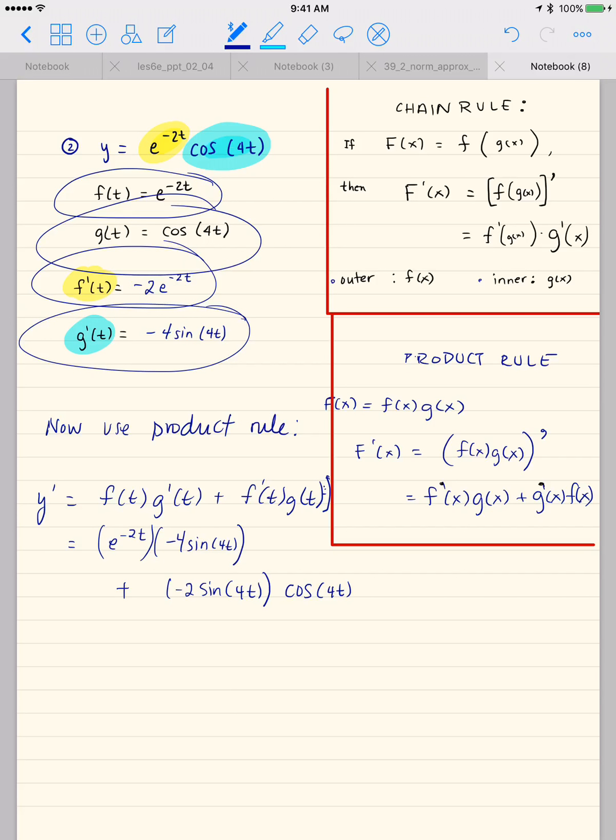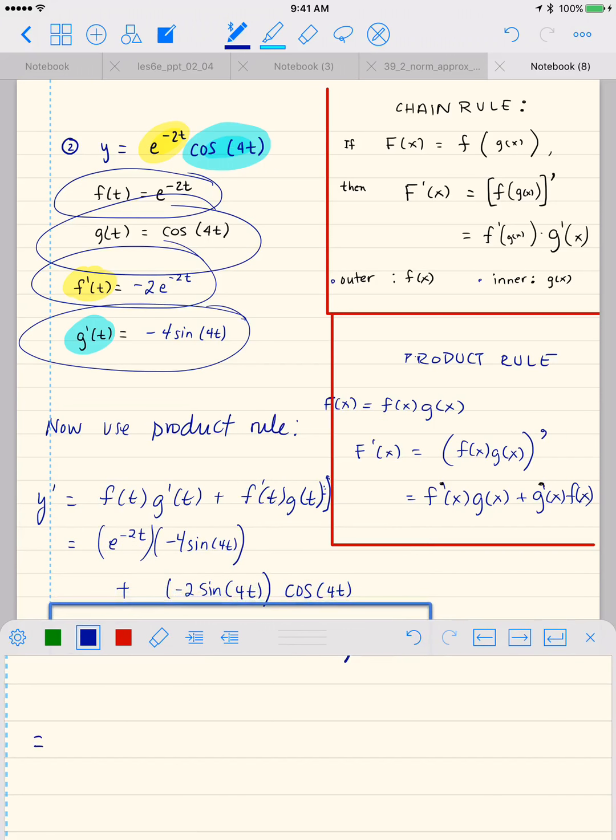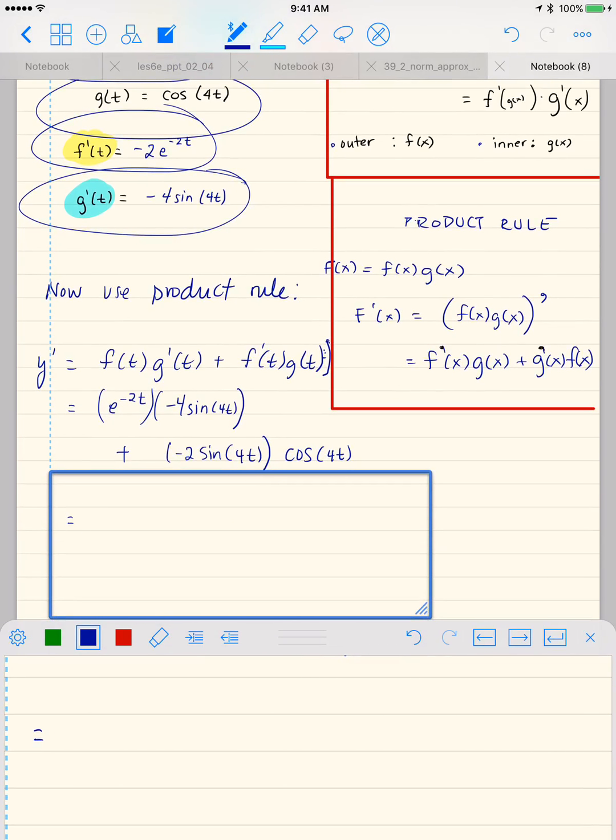Okay, so let's see if we can rewrite this better, simplify some stuff. So I'll have e to the negative 2t times negative 4 times sine 4t. So I'm going to write that as negative 4 e to the negative 2t sine 4t. Okay.